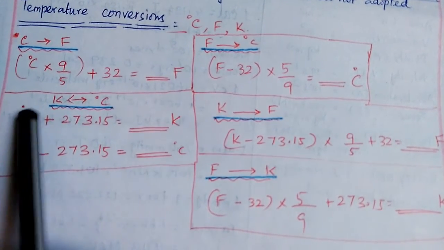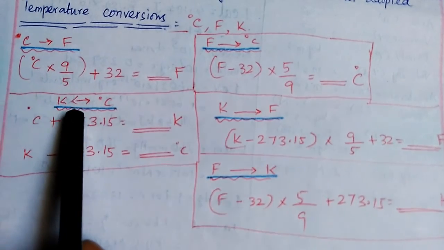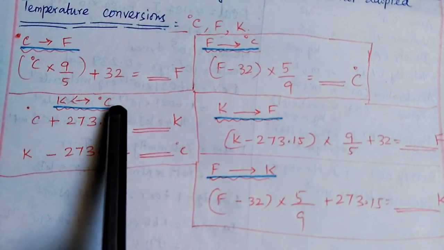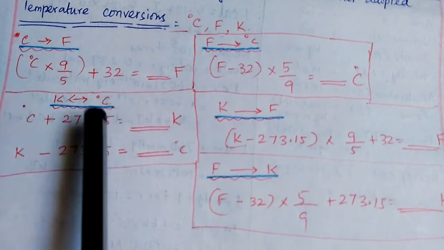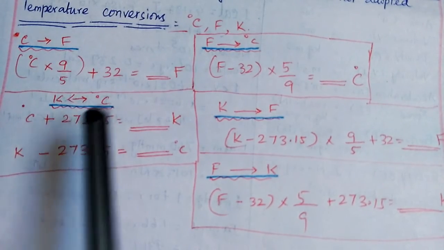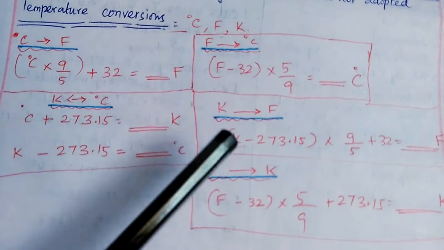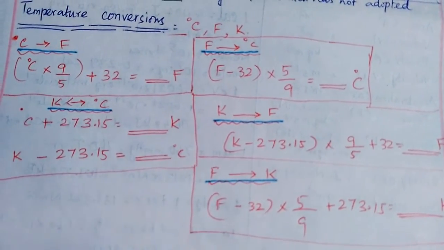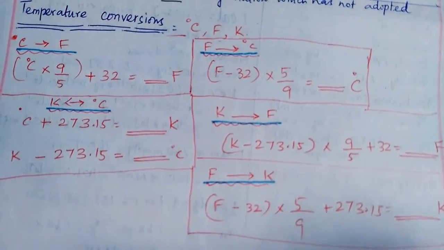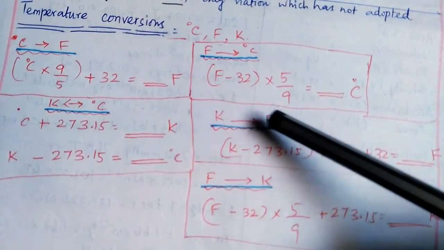So these are the two formulae used to interconvert values from Kelvin into degree Celsius and degree Celsius into Kelvin.